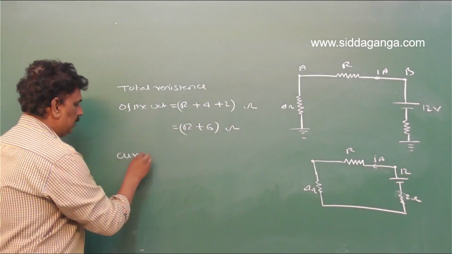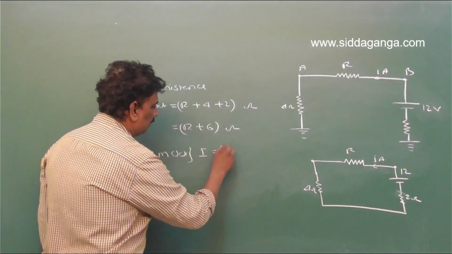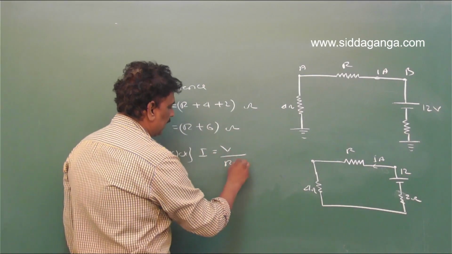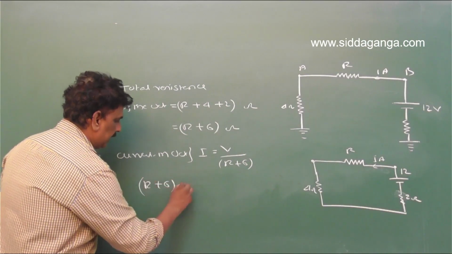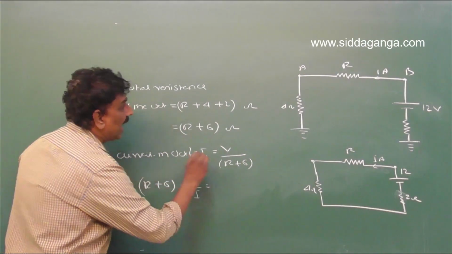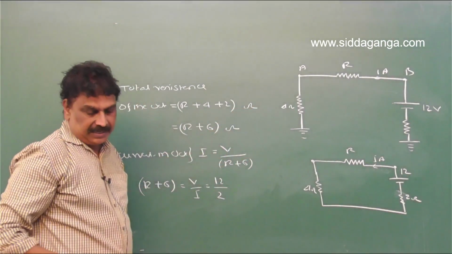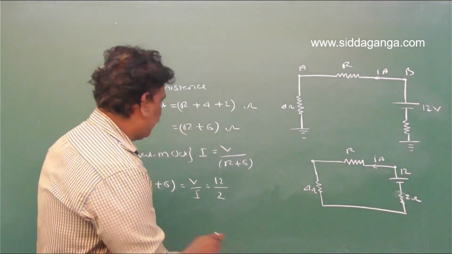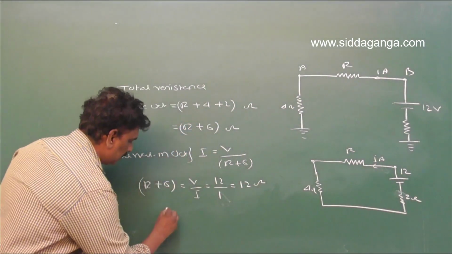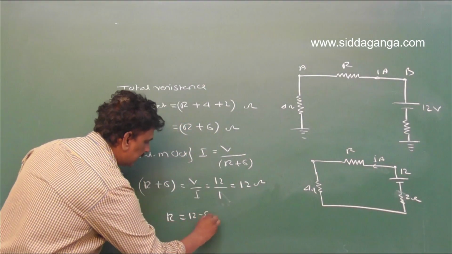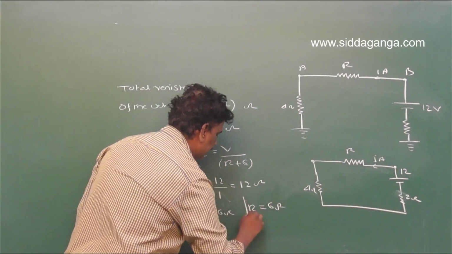Now the current in the circuit, I is equal to V by the total resistance, that is R plus 6, or R plus 6 is equal to V by I, that is 12 by 1, since current I is equal to 1 ampere. So that is equal to 12 ohm. So R is equal to 12 minus 6 is equal to 6 ohm. Therefore, the unknown resistance R is equal to 6 ohm.